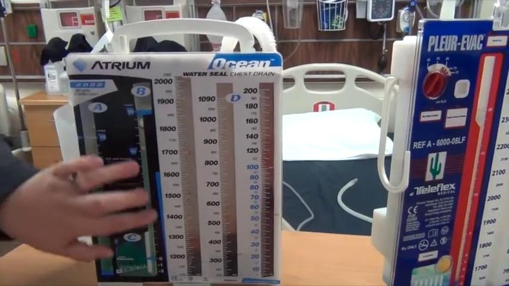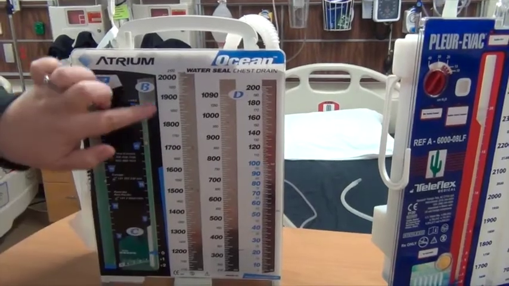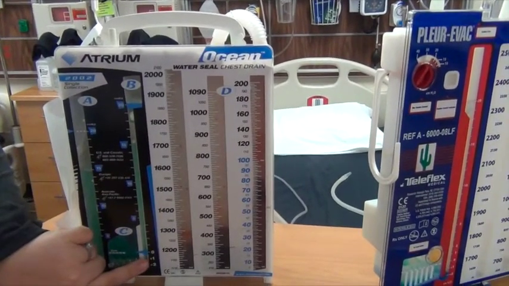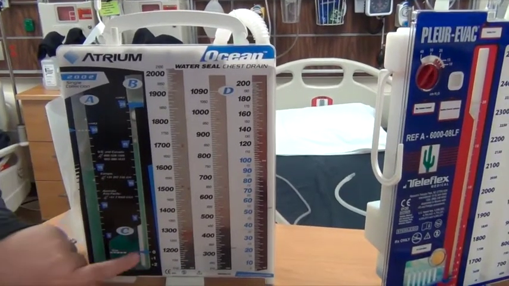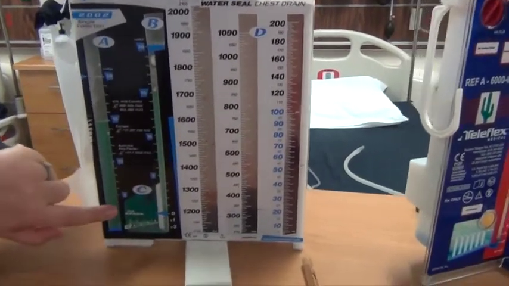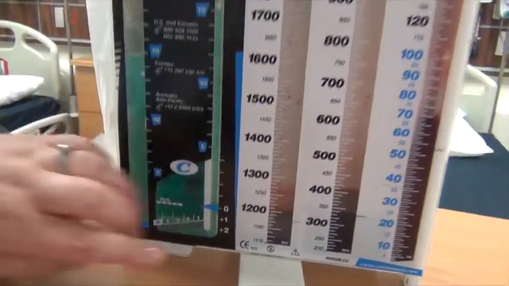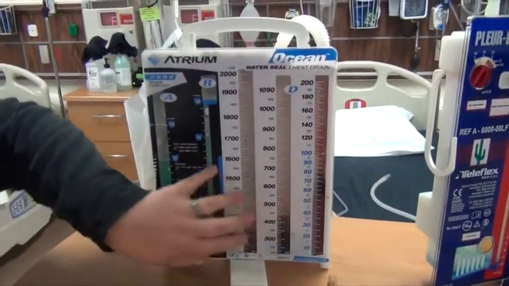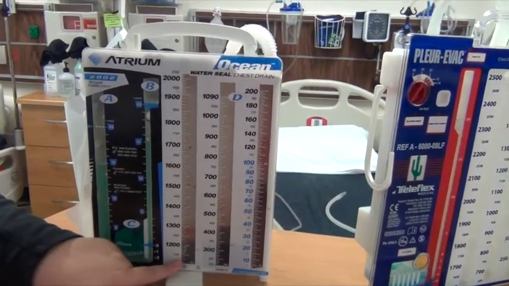This B chamber here is the water seal chamber. This is what restores and keeps the negative pressure and makes a closed system for the patient. This window here at the bottom of the water seal chamber, that is the air leak monitor. And then the rest of it, or over half of it, that's just the drainage collection chamber.